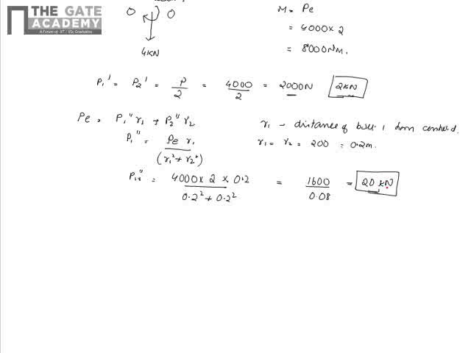Now, what is the resultant shear stress on bolt P? What will be the resultant shear force? Now, if you take the bolt P alone, what will be the action of the primary shear force? Primary shear force will be acting like this, P1 dash, and secondary shear force will be acting in which way?